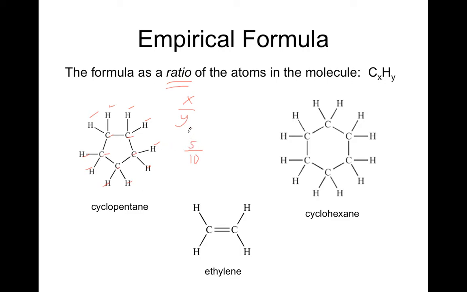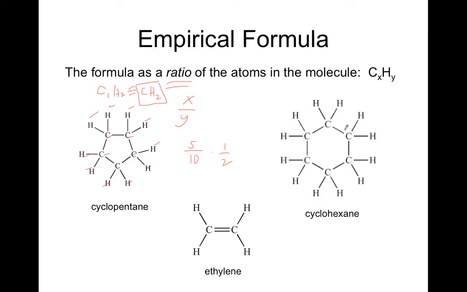So it looks like this ratio goes to 1 to 2. The empirical formula for cyclopentane is going to be C1H2. When we have a 1 here, we simply write this as C, and if there's nothing there, it's implied to be a 1, so CH2. That's the empirical formula for cyclopentane.